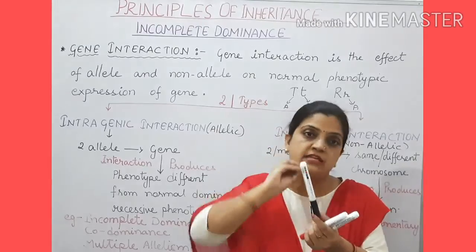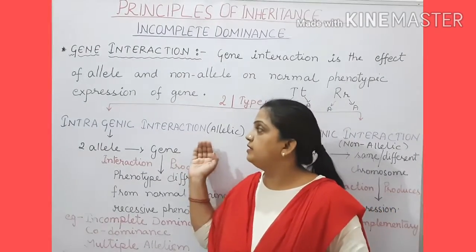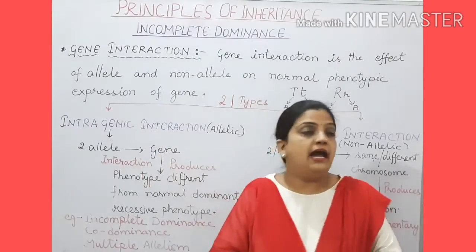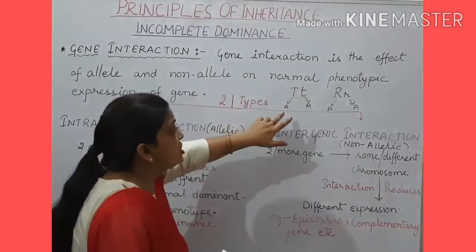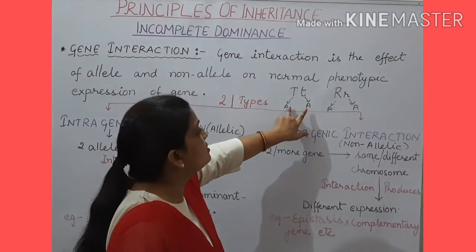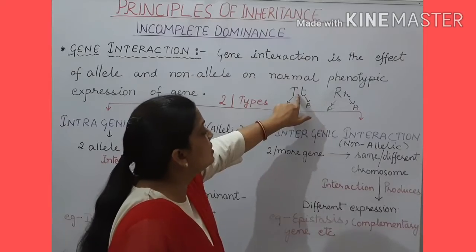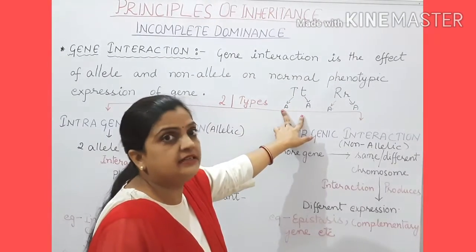then it is intracellular. Similarly, when I say the words intragenic and intergenic, intragenic is this one. I am talking about the two alleles which are present in one gene. So intragenic means it is an allelic interaction.